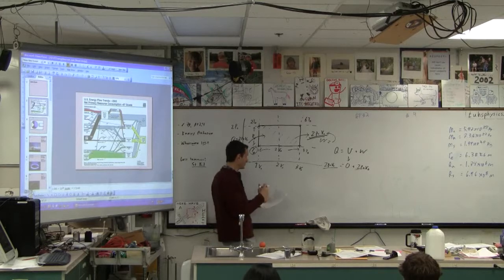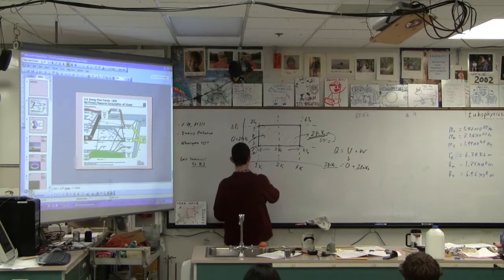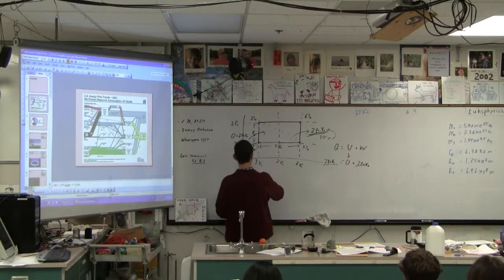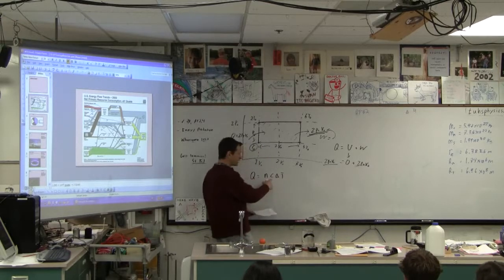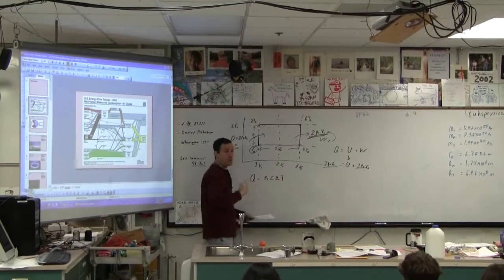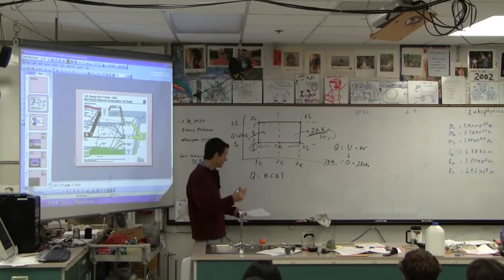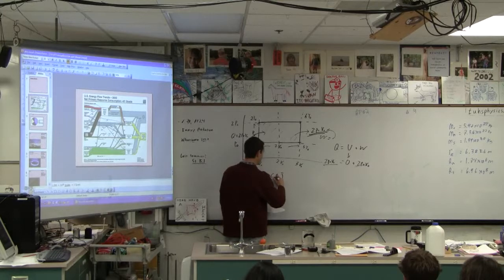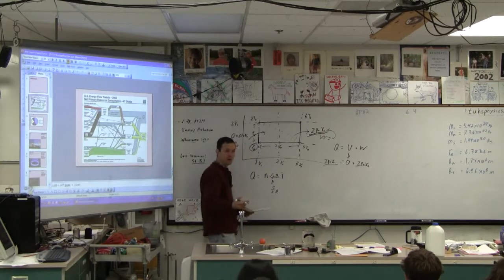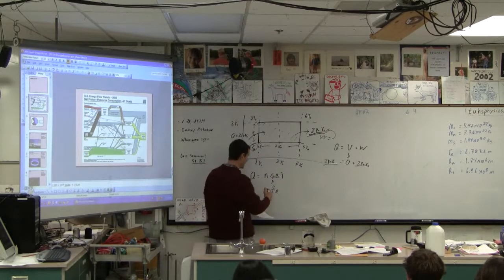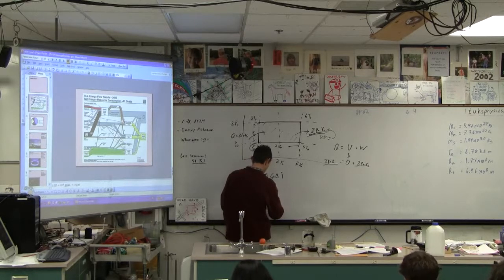If you want to figure out part C, here are the clues: for a constant pressure process, the heat that flows in is N C delta T, where N is the moles and C is the specific heat of the gas in joules per mole degree Celsius, and apparently they're all the same. If it's a constant pressure process, you use 5/2 R, as in the ideal gas law R, 8.31 for us. And if it's constant volume, they're saying use 3/2.